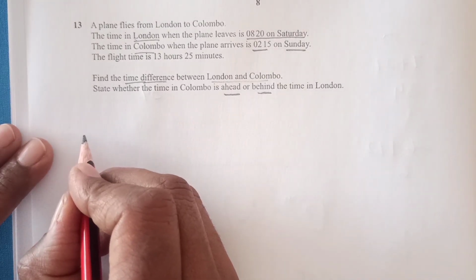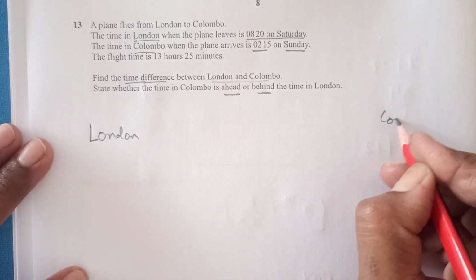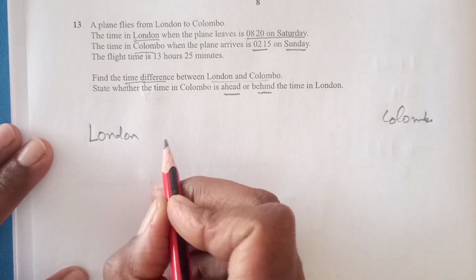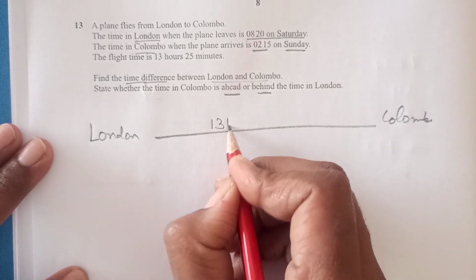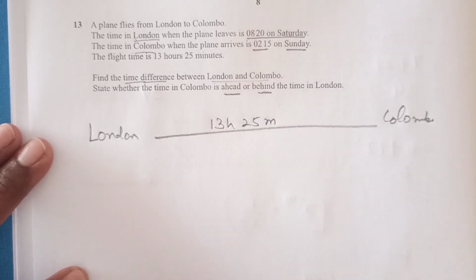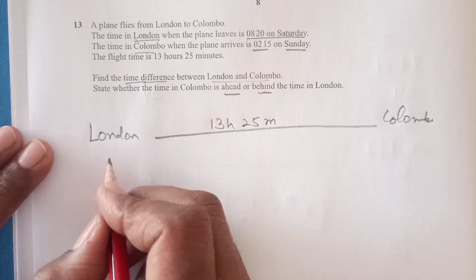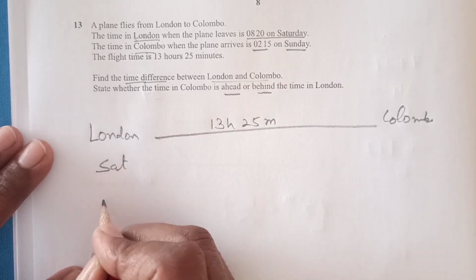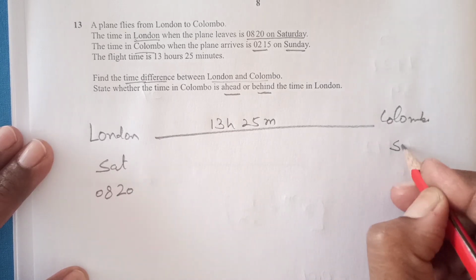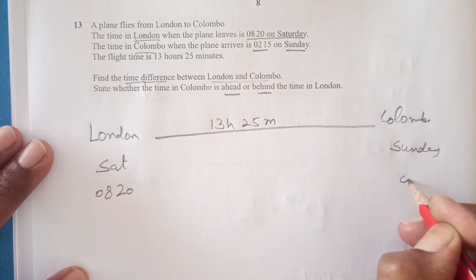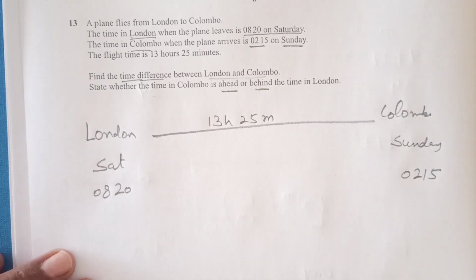So here is London and here is Colombo, right, from here to here. So the journey is 13 hours and 25 minutes long. Okay, so here in London there is Saturday, time is 8:20, and this side we have it is on Sunday, which is 2:15 next day, right? So now 13 hours.